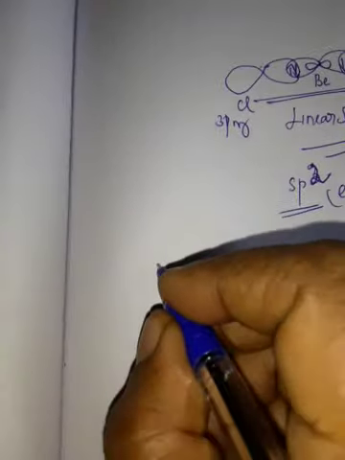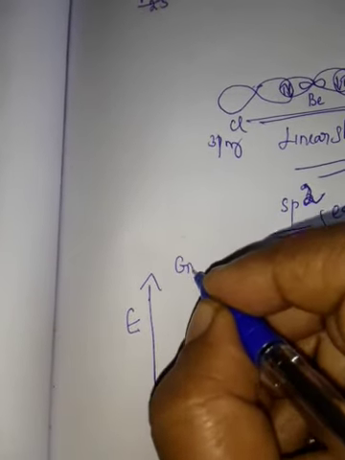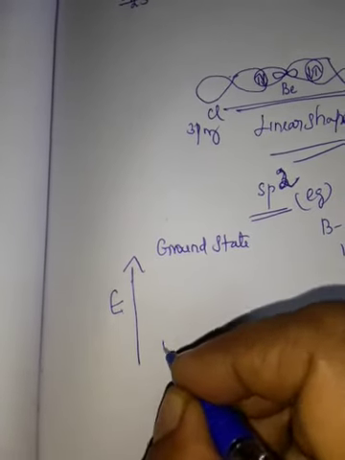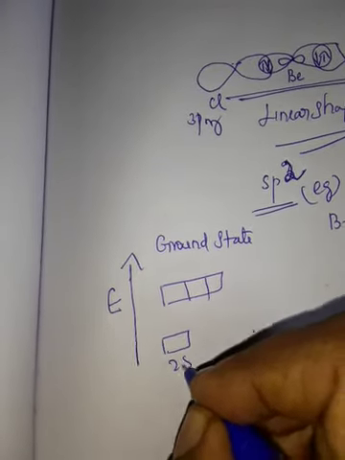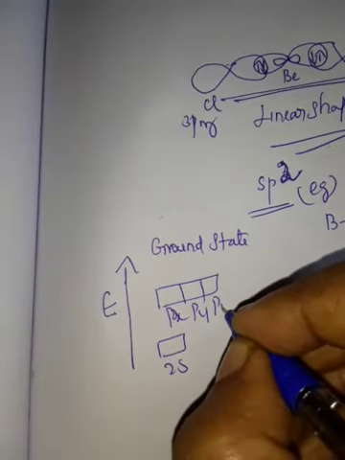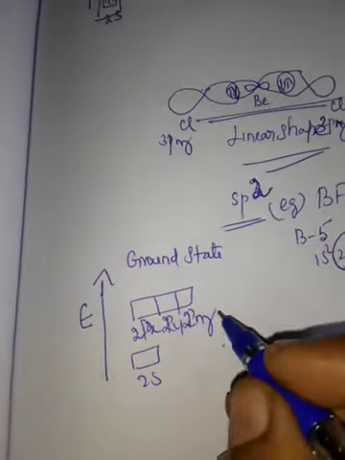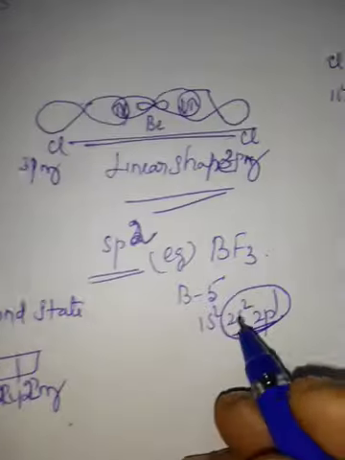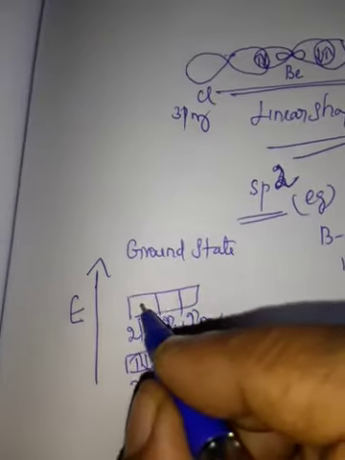So energy level, ground state, 2s, 2p, px, py, pz. Here 2s having 2 electrons with opposite spins, 2p having 1 electron.